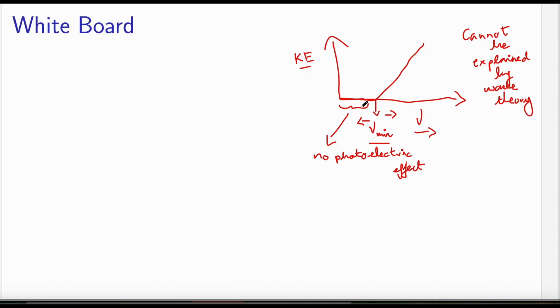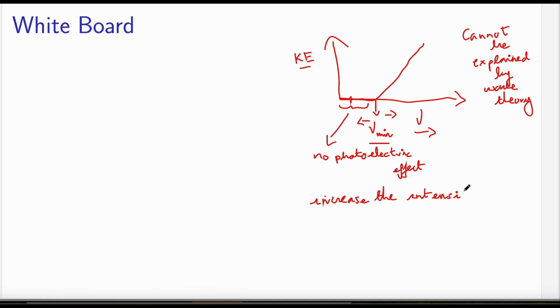And even if you increase the intensity of light, so here it has some frequency, and if you increase the intensity of light, what do you mean by increasing the intensity of light?